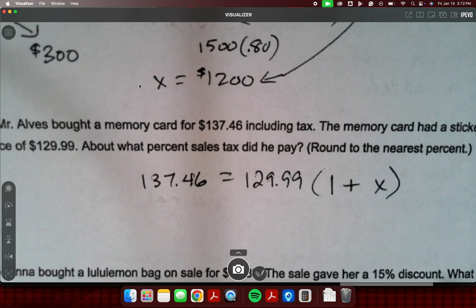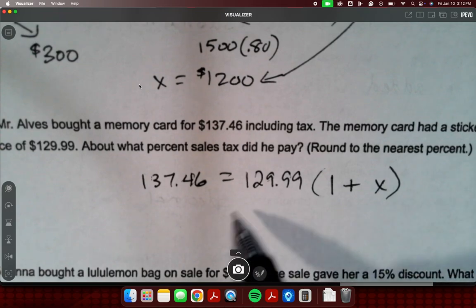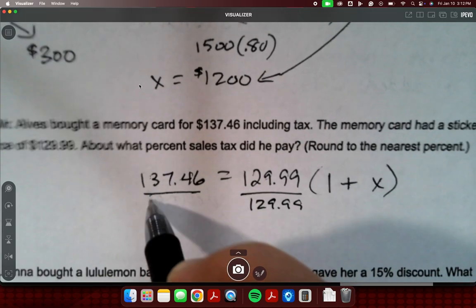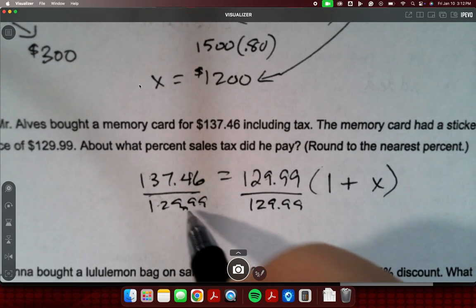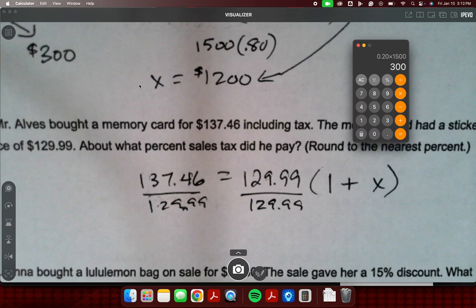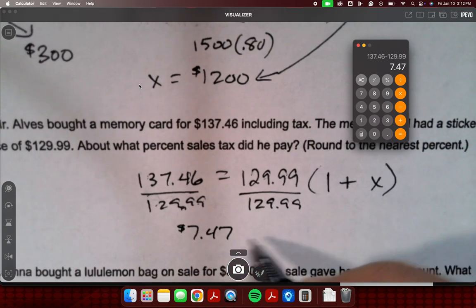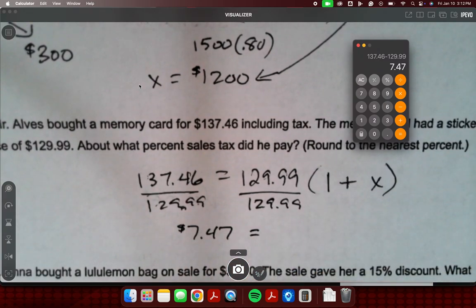So step 1, when you have to solve for the percent, is divide both sides by the original price. So $137.46 minus $129.99. Okay, so that's $7.47.